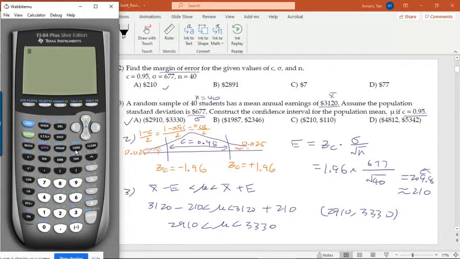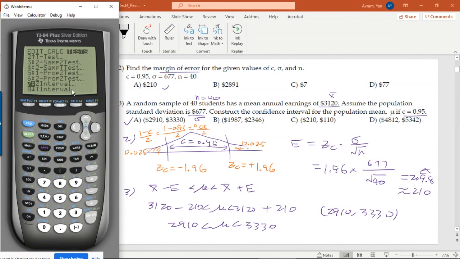All right, so go to STAT, and then we're going to use TESTS. For these last 2 chapters, we're going to use the test button quite a bit. In the last chapter, we had Z-Test and T-Test. For this chapter, we're going to have Z-Interval and T-Interval.